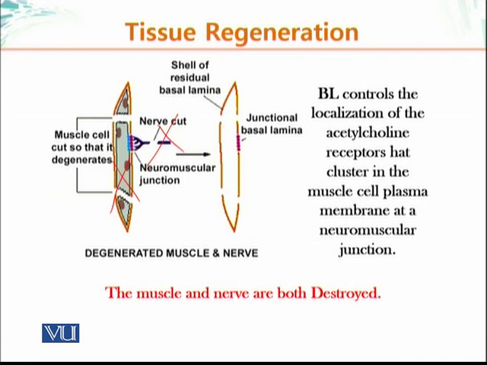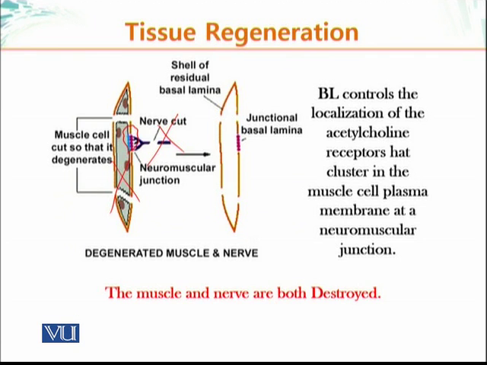The basal lamina can control the localization of acetylcholine receptors. Here, the blue dots represent the acetylcholine receptors, which cluster in the muscle plasma membrane at the neuromuscular junction.